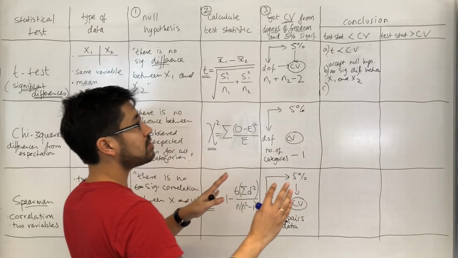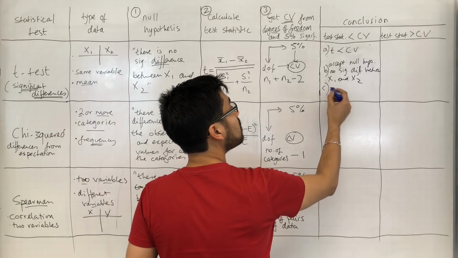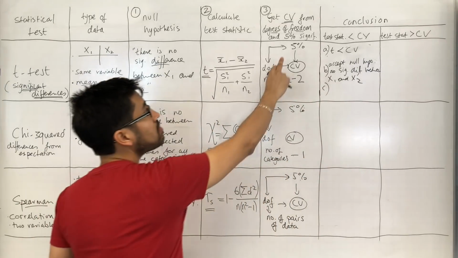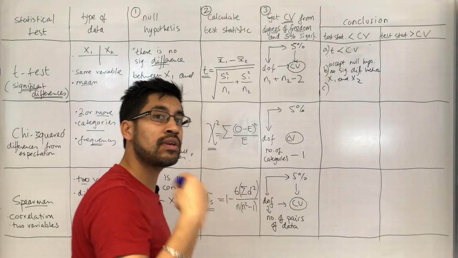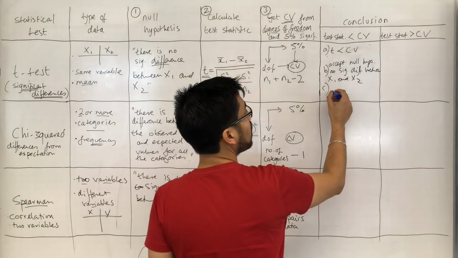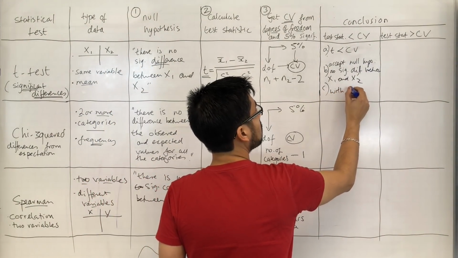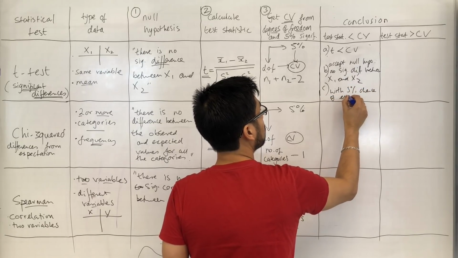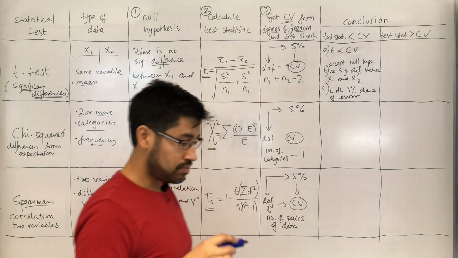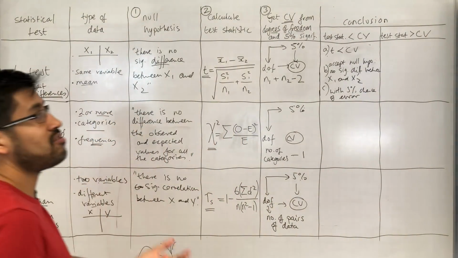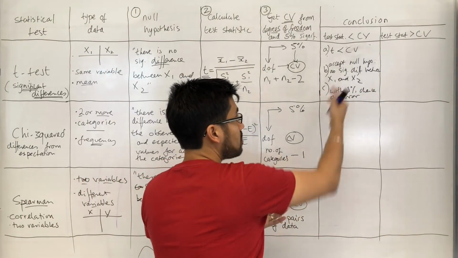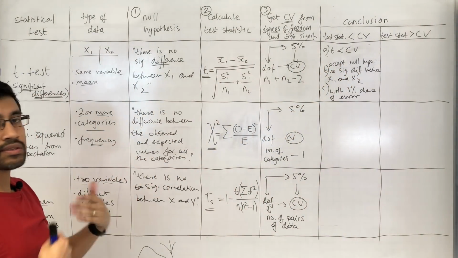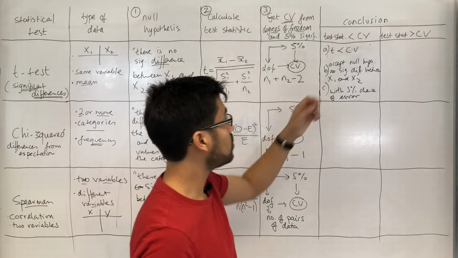However, there is a 5% chance that this conclusion is incorrect. So you're saying with 95% confidence that this is your conclusion, based on your calculations.